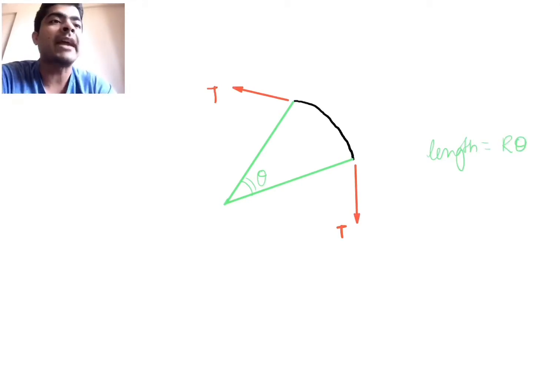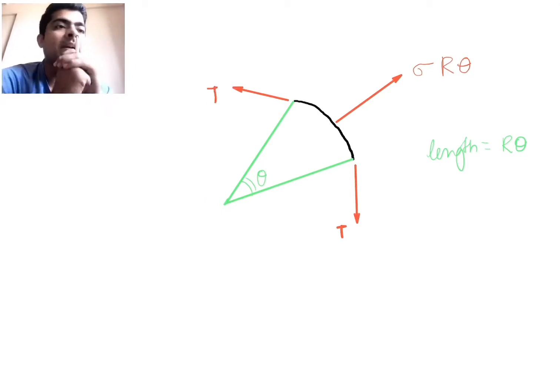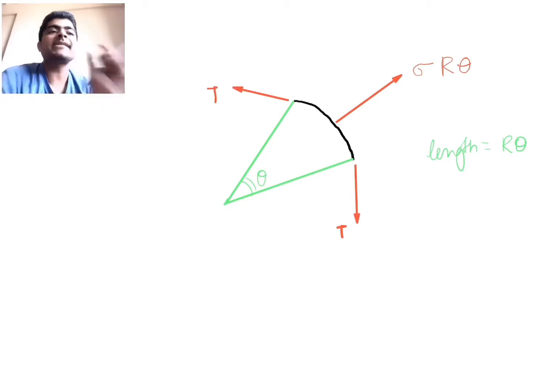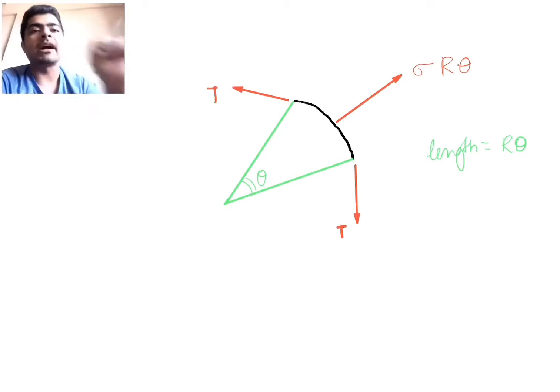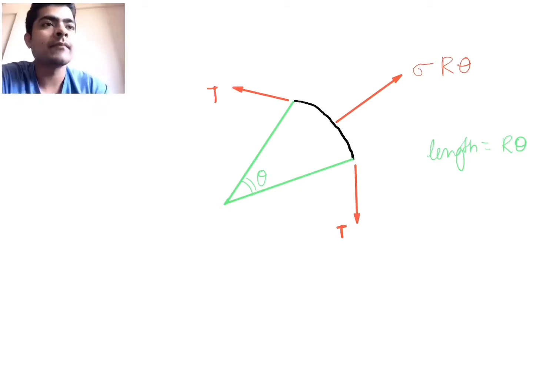So the surface tension will be acting on the element outwards, and that will be equal to surface tension multiplied by the length of the element, which is r theta. So this is acting outwards, and since I have taken a very small element, I am assuming the net surface tension is away from the center like this.